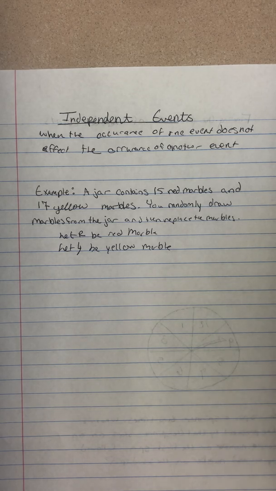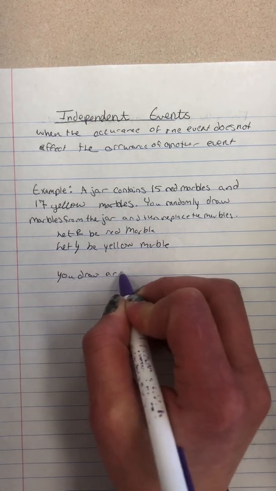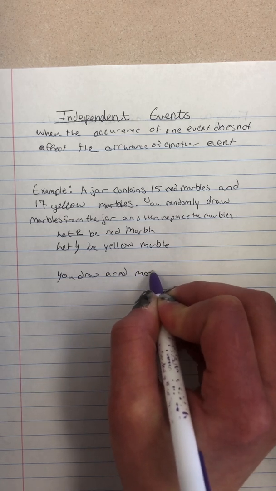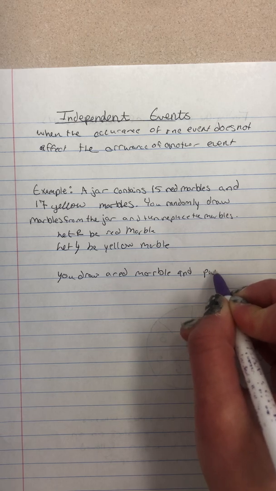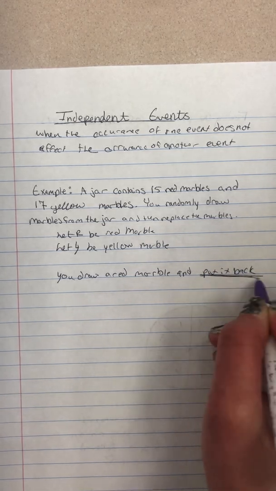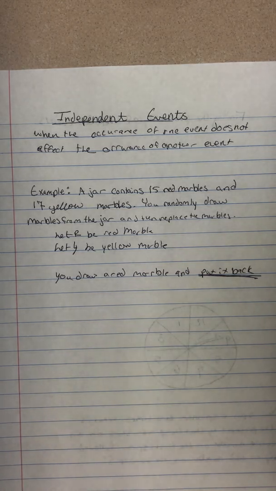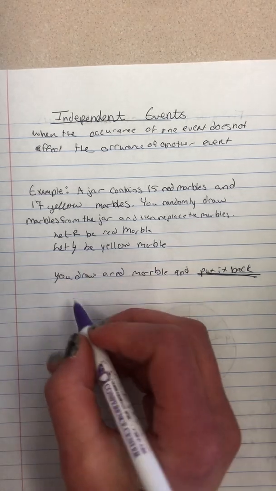Suppose you draw a red marble and put it back into the jar before you draw the second marble. Here's our key phrase: we put it back, meaning this will be an independent event. Then we draw a second marble.